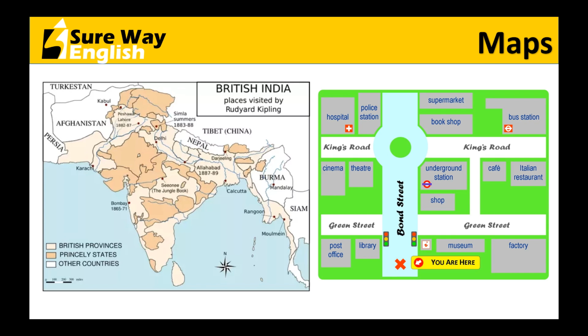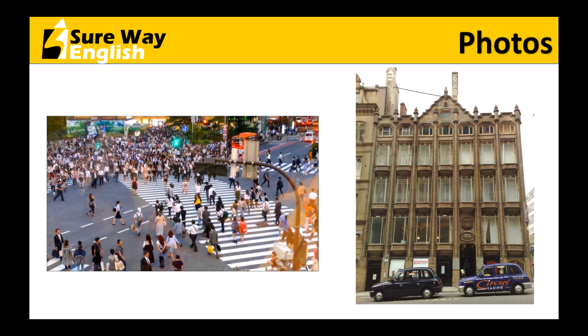And you can have maps which show a real place, the location, the schematic of a particular place. You can have photos of different kinds, and then all you have to do is understand what information is represented in that photo, what scene it represents, and then put that together and give a response.